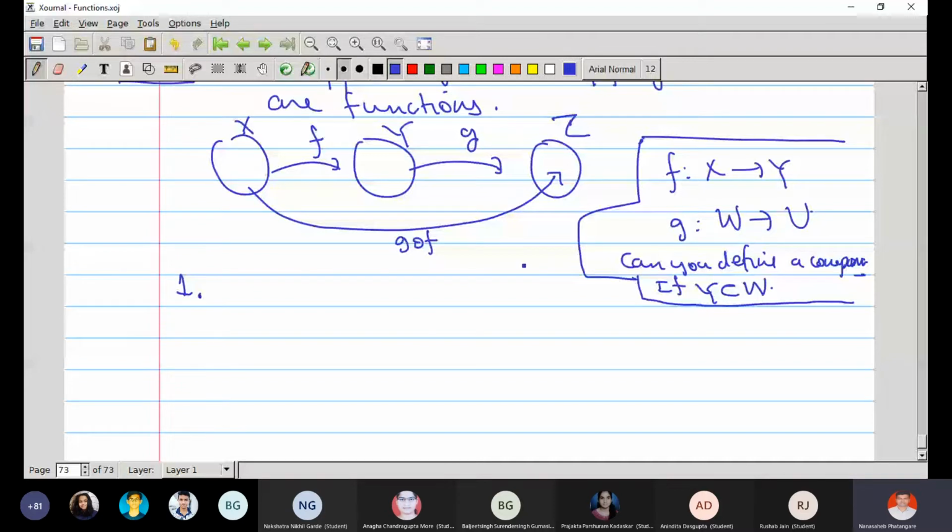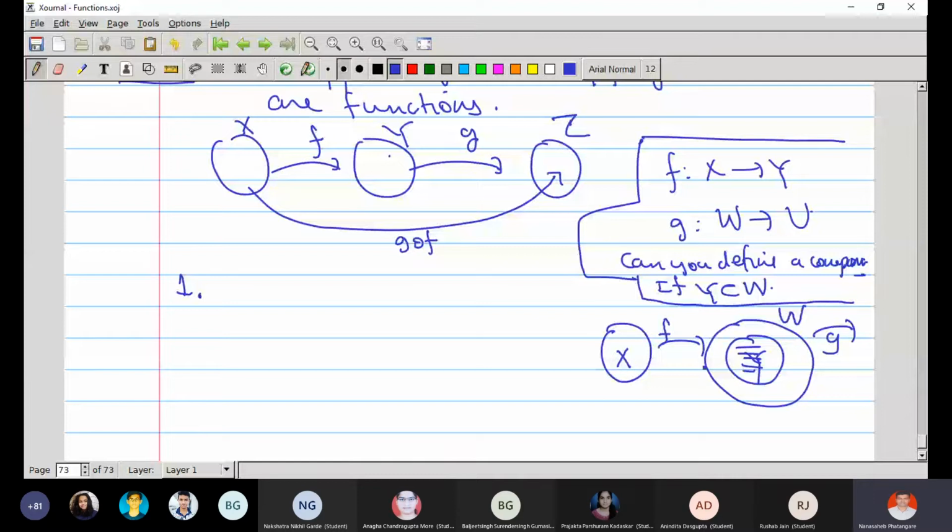What is happening in this case? If the codomain of F is the same as the domain of G, in that case our situation is simple. But if it happens that this is the codomain of F and the domain of G is something bigger, and G is defined on this, so this is Y and this is X and this bigger set is W, then we can think about composition, correct?